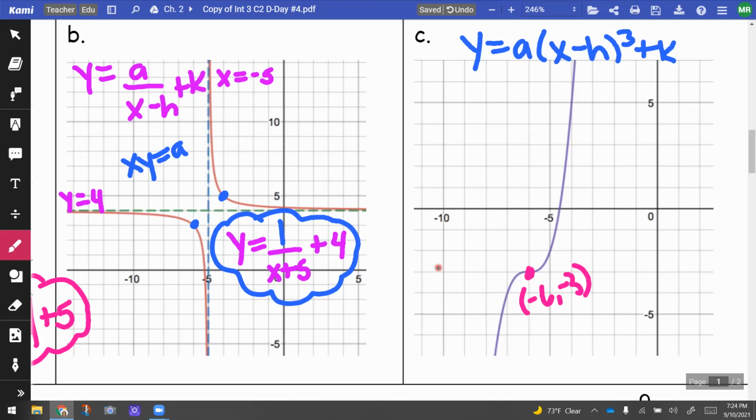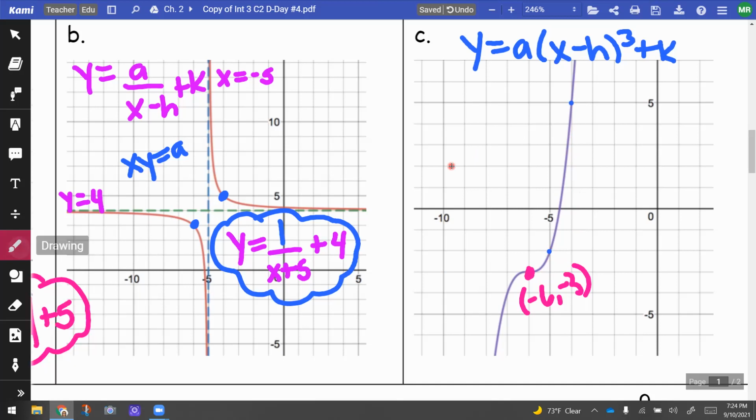Now, they did not give us a point, so we can assume our a is 1. But you can also look and see, because if I went out 1, 1 cubed is 1, and that's where I'm at. 2 cubed is 8. 1, 2, 3, 4, 5, 6, 7, 8. So this is just a stretch of 1. Okay.